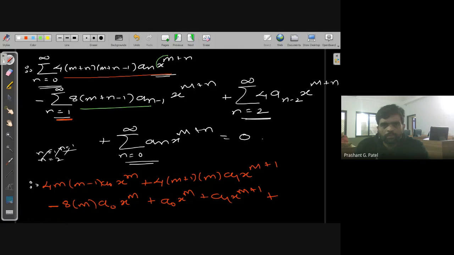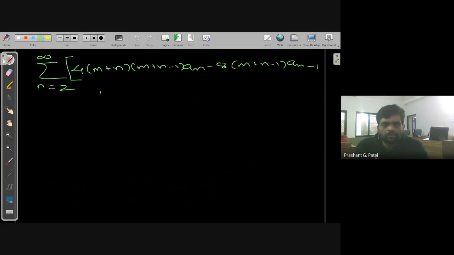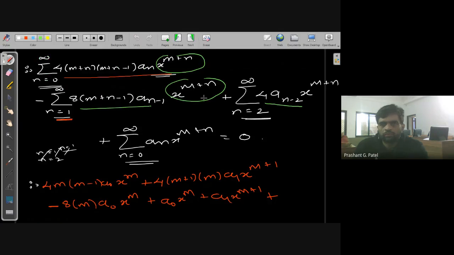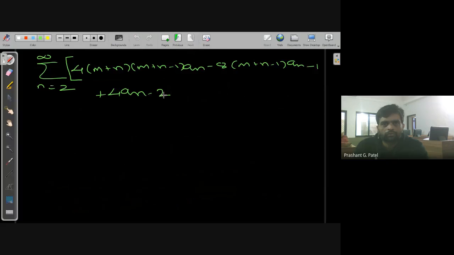See, here x power m plus n is there, here also x power m plus n is there, so I just take it out. Here we will have 4 into an, so it is plus 4 into an minus 2, and here it is an, so plus an into x power m plus n equal to 0, plus all the other terms which we have here.